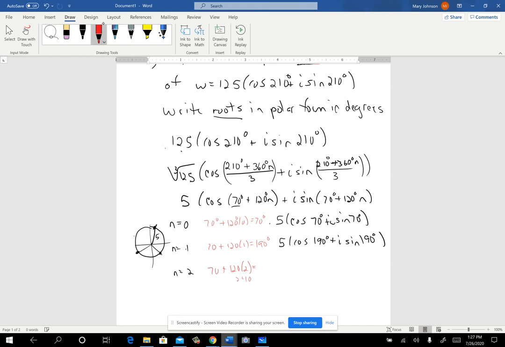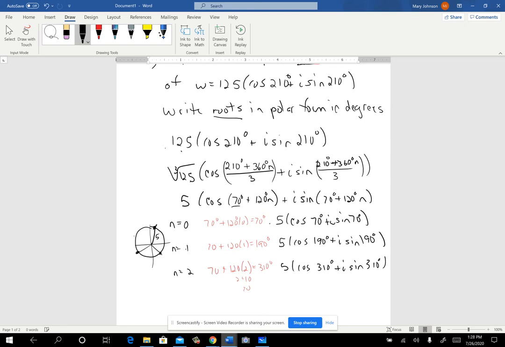And 240 plus 70 is going to give you 310 degrees. So these are all 120 apart. Okay, and so then the third one would be 5 cosine 310 plus i sine 310.